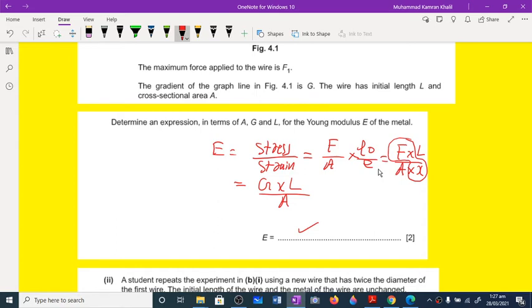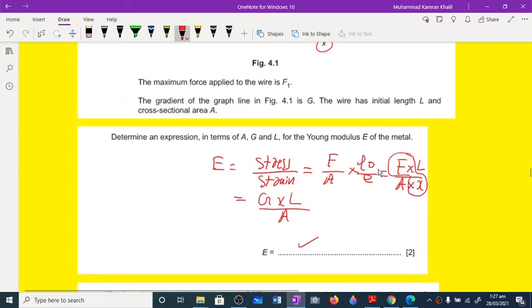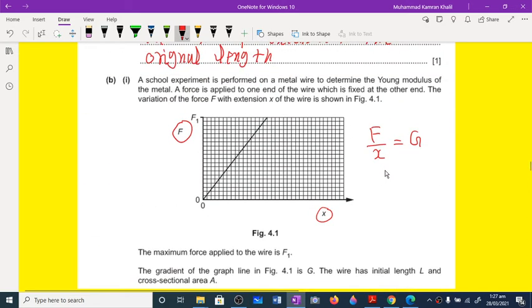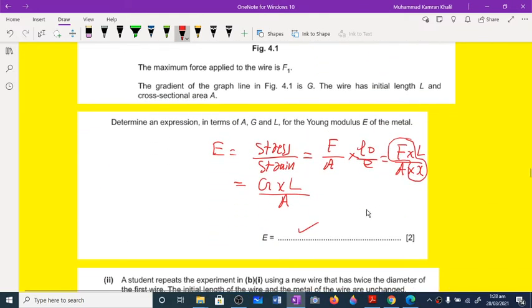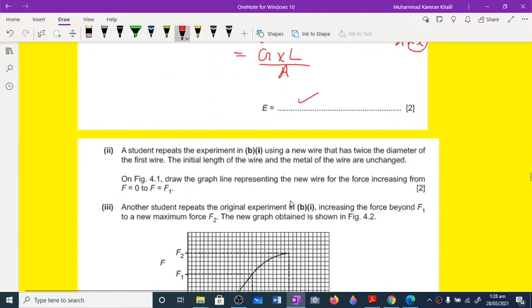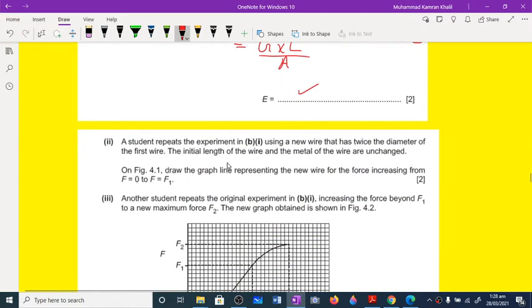That is the reason I mentioned the gradient earlier in the previous part on the diagram, that F over x, force over extension, is equal to the gradient, because we have to use these symbols according to the requirement. A student repeats the experiment in B1 using a wire that has twice the diameter of the first wire.